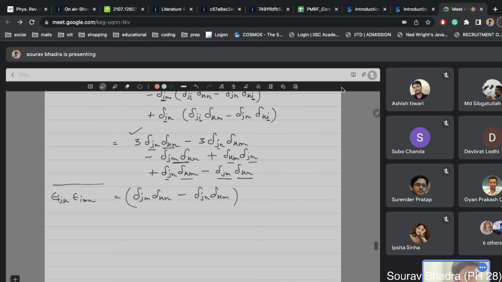This is an important expression, you must remember it. The method to remember is that epsilon ijk epsilon imn equals, first write the j with the m, I mean the second indices of the Levi-Civita symbols, delta jm, then the third indices, delta kn, minus the cross thing, with j this n and with k this m, that is delta jn delta km.